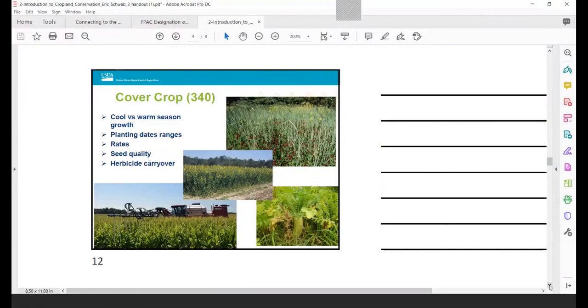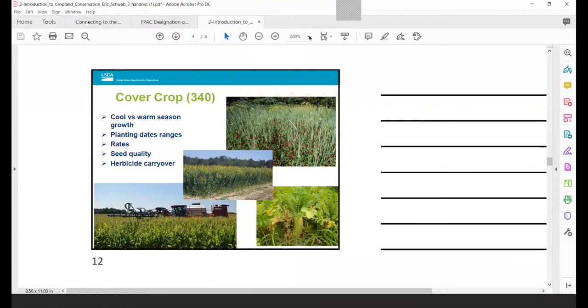Right along those same lines are the planting dates. We recommend cover crops are planted between two dates, or a date range. So the date range has to line up with when the crops are harvested, unless you maybe interseed, like in this picture here, that high boy interseeding. Rates become very important because we're going to communicate a certain rate to be planted, and seed quality. Through the years, we've seen vast differences in seed quality.